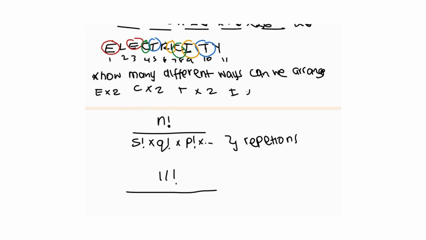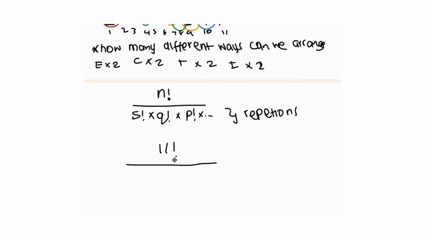How many I's? 2 I's. So you're going to say 2 factorial times 2 factorial times 2 factorial times 2 factorial, because we repeated 1, 2, 3, 4 letters twice. And then that should give us 11 factorial over 2 factorial times 2 factorial times 2 factorial times 2 factorial.